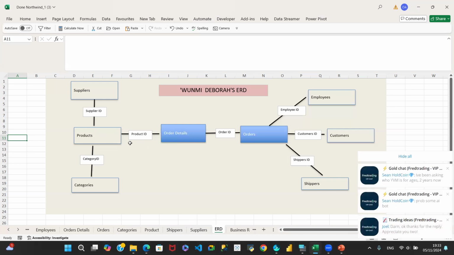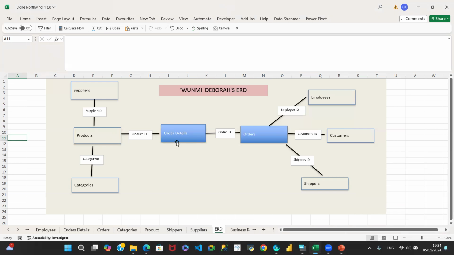Because of that, these two tables can easily communicate with each other. The same goes for customers table. Customers table is directly related to orders through customer ID, because on the orders table we have customer ID there. And because we have customer ID on customers table as well, those two are communicating directly.